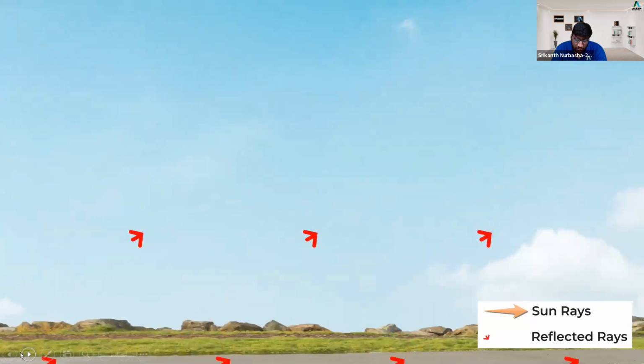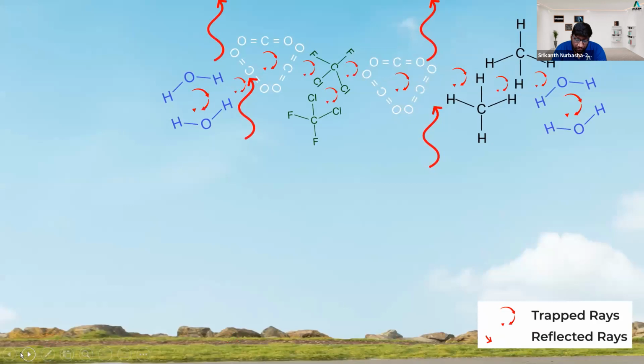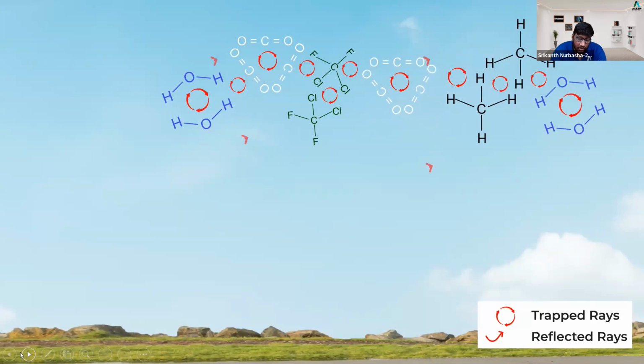And in the process of reflecting back, if you observe carefully, the radiation which was supposed to reflect back is actually trapped within these molecules. Chlorofluorocarbons, carbon dioxide, H2O, CH4 (methane), water vapor are holding it back. So they increase the temperature because they hold the radiation. Yes or no?